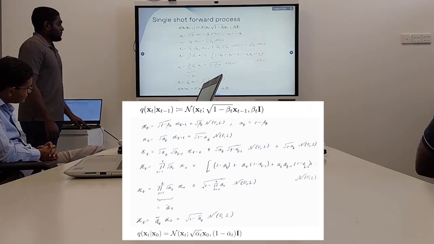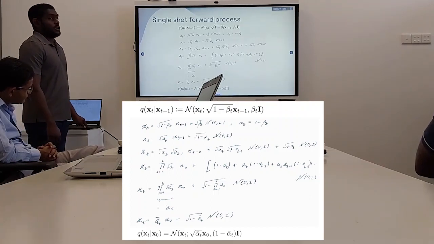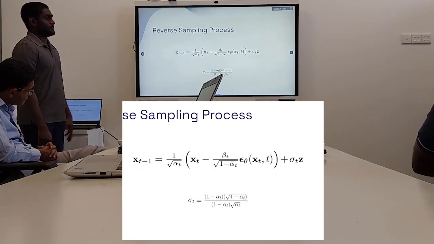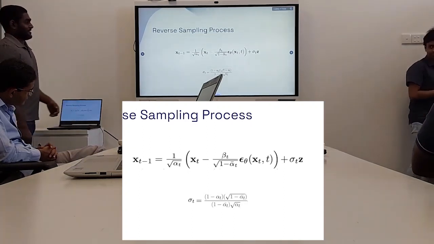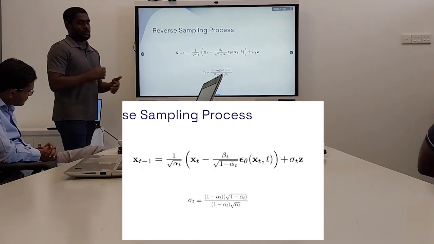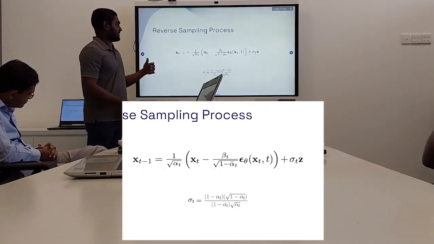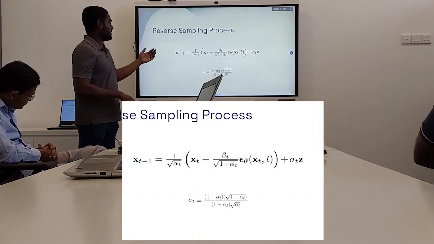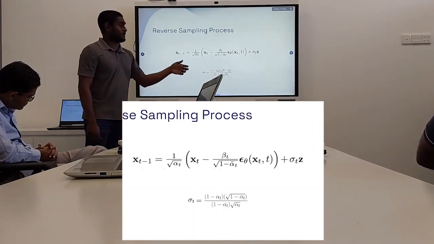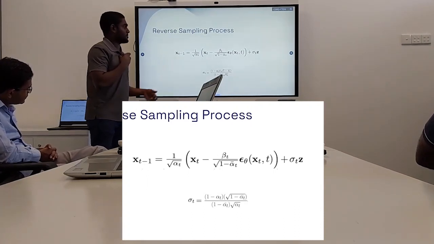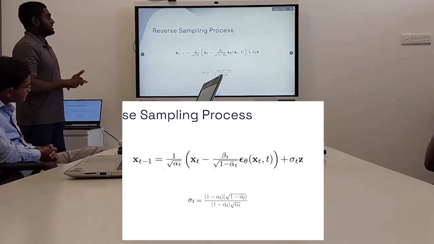So that's the forward process, and the reverse sampling process is a bit more complicated to derive. So instead of explaining the method, I'll take this equation for granted. This is the equation, and we will see how it is used in the actual sampling algorithm.